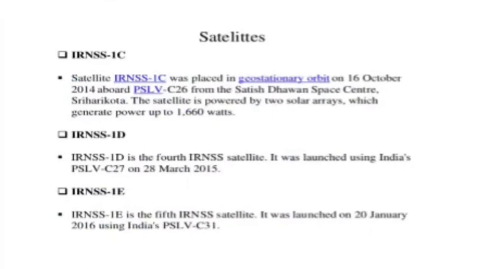They launched two satellites successfully to the orbit, with four satellites deployed over time: 1A, 1B, 1C and 1D. IRNSS-1E was planned and launched successfully, and 1F and 1G were launched by March 2016. The fifth satellite was launched on 28th January 2016 using India's PSLV C-31.